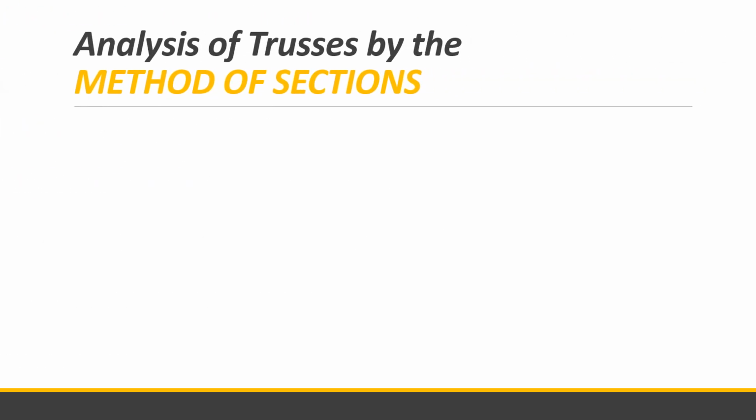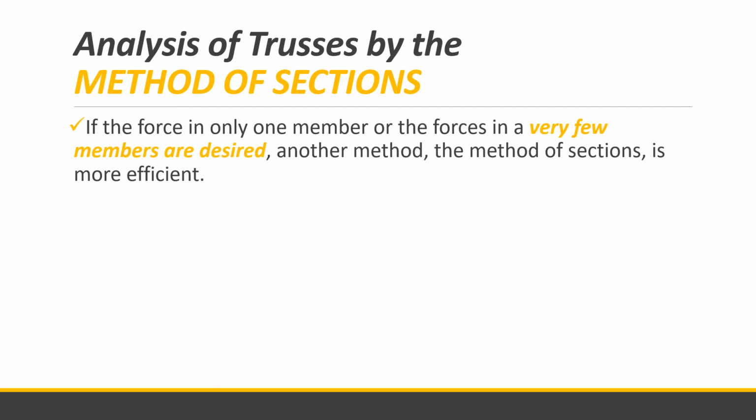Okay, so the next method of analyzing a truss is the method of sections. The method of sections is used if the force in only one member, or the forces in a very few members, are desired. Meaning, in those trusses you only need to find a few members, like three, one, or two, in a specific section.